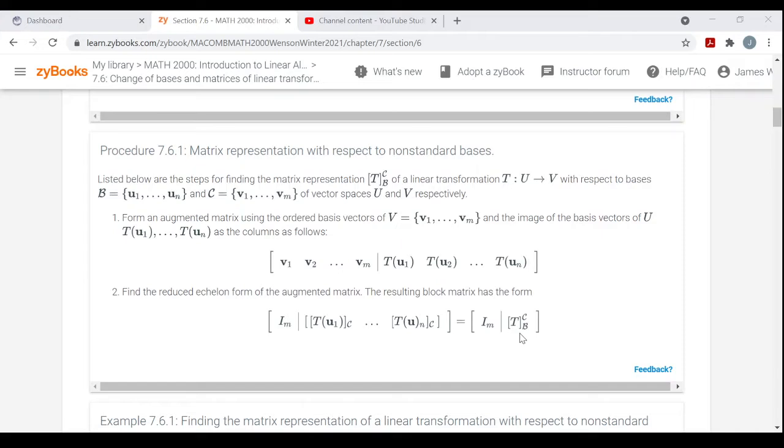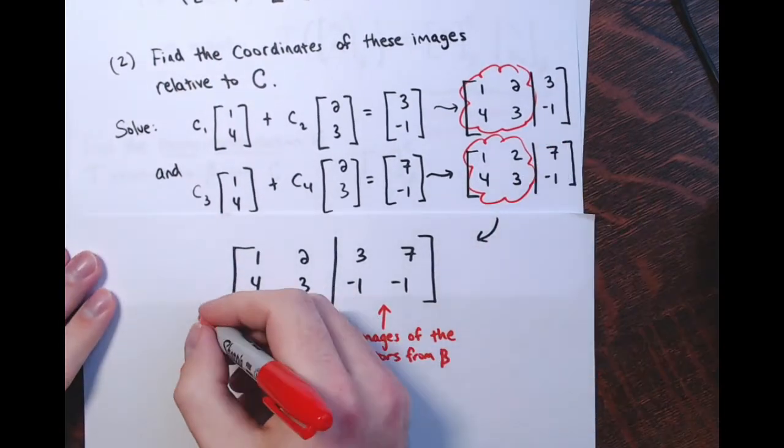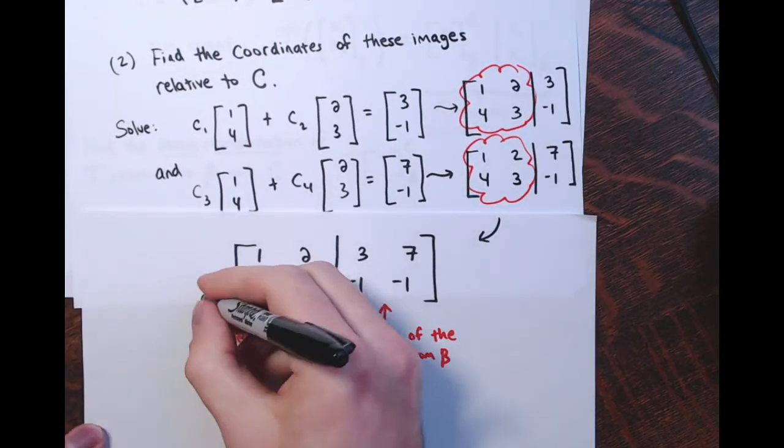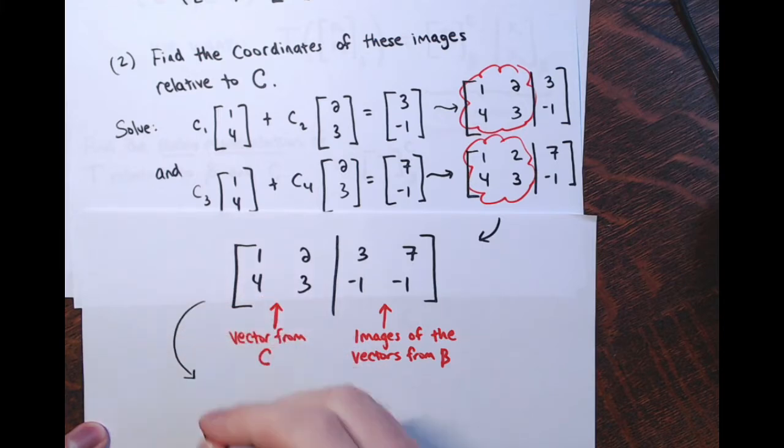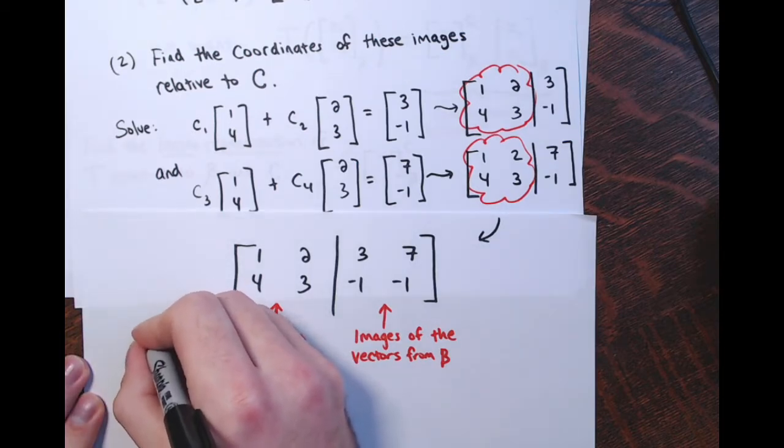All right, so back to my page here. I'm going to go to a calculator, or there's only 2 rows here, so it probably wouldn't take that long to put this into reduced row echelon form.